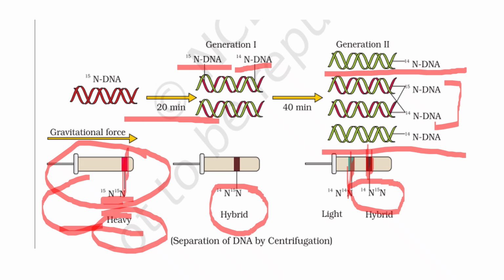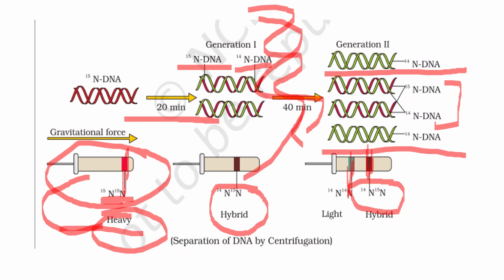So what does it actually prove? The original parental 15N DNA had two strands. Those strands separated, and then the new strands which were formed were placed in the 14NH4Cl medium. So the new strand contained 14N, but the old strand which came from the parental DNA contained 15N.